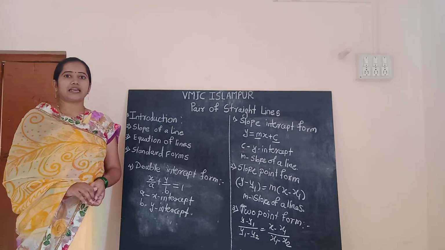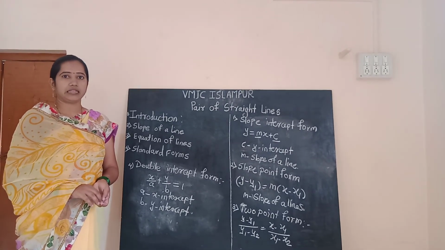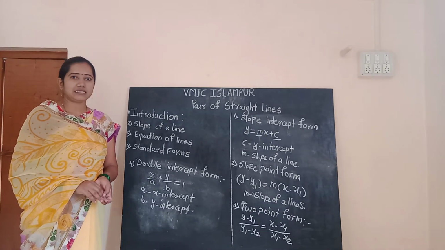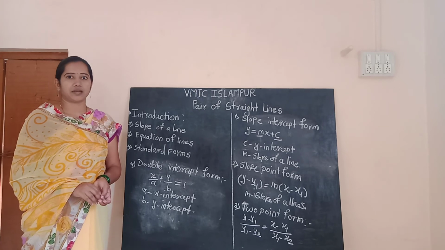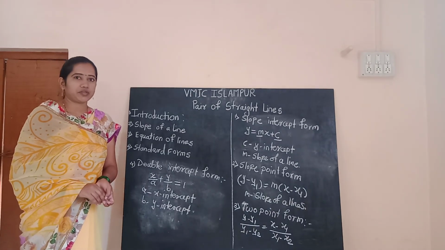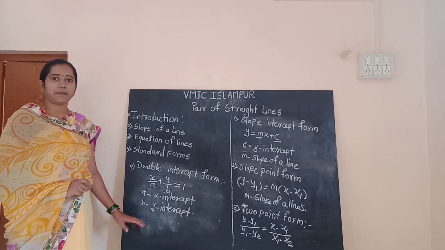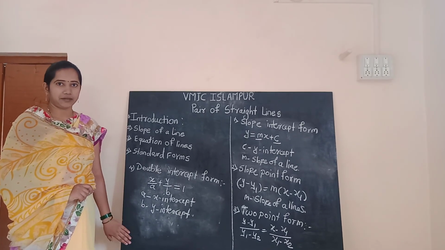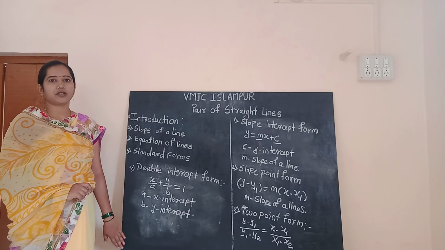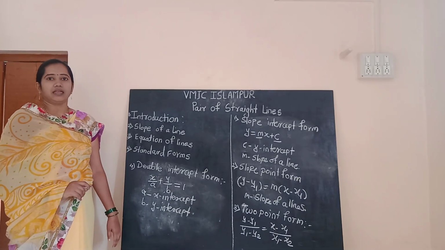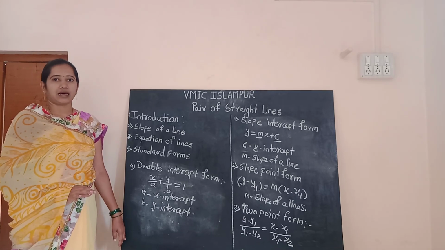But if two lines are perpendicular to each other, then the product of the slopes of the lines is minus 1. So the slopes of the lines are different.